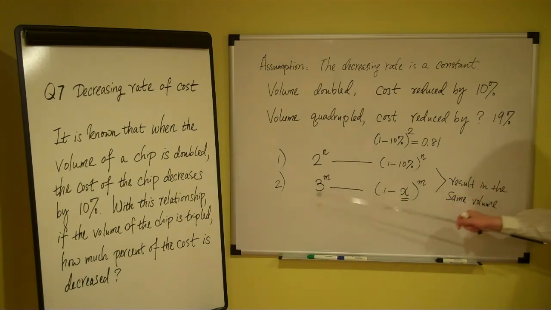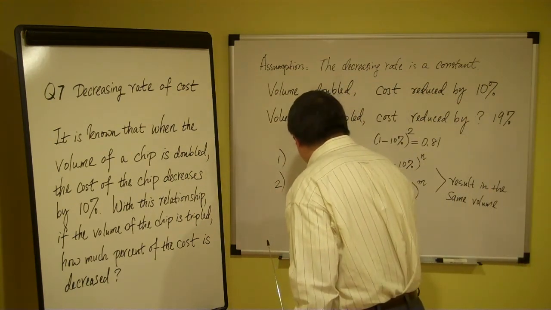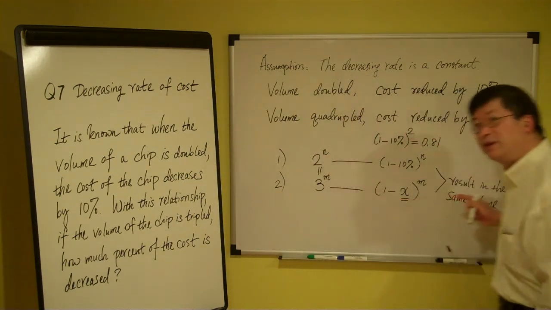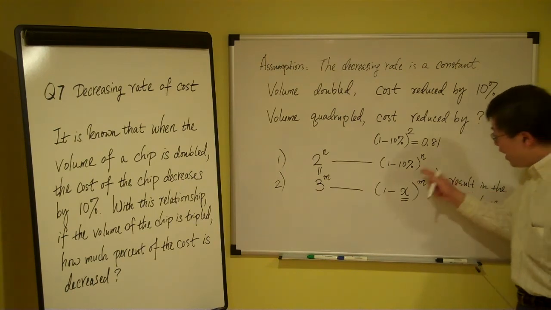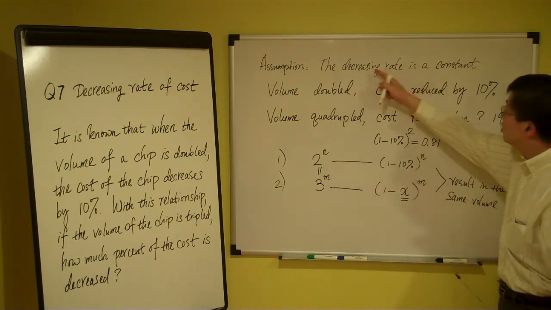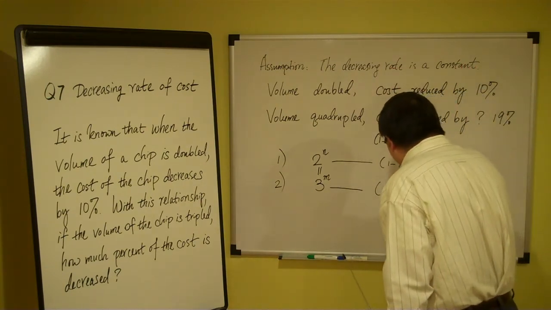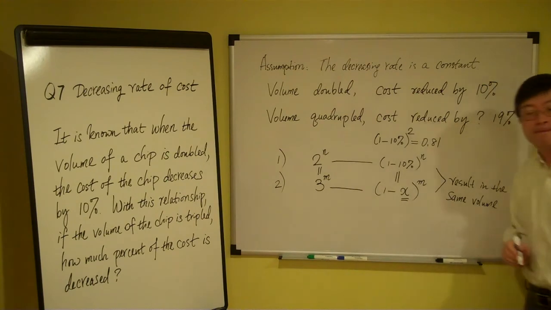Then the cost side should be the same. So now the volume side is the same. Two different ways, but you get the same volume. Then, based on our constant decreasing rate assumption, at the cost side they also should be the same.